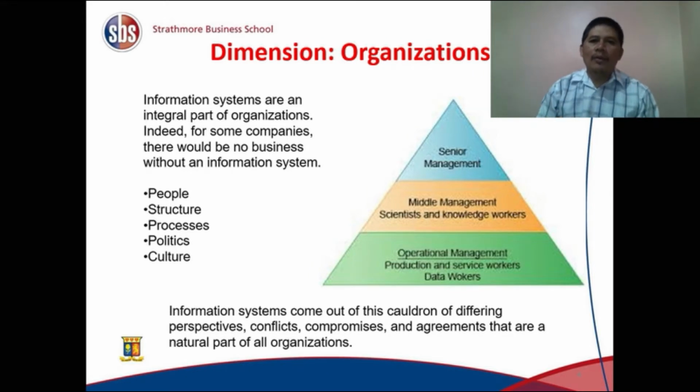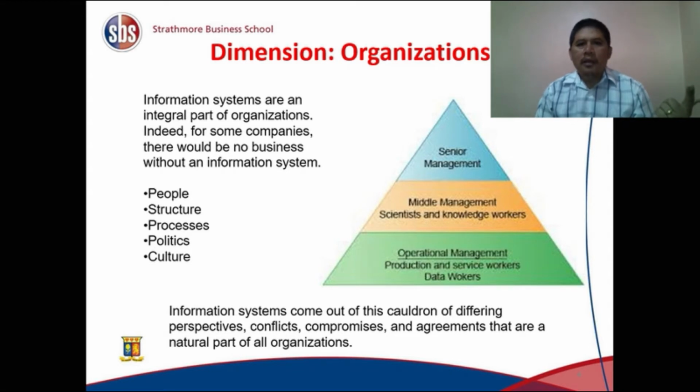Every time we implement information systems, it affects people, it will affect structure, just like what we discussed. It can eliminate layers of management, it will affect processes, it will be influenced by politics, and of course, sometimes it can also transform an organizational culture.